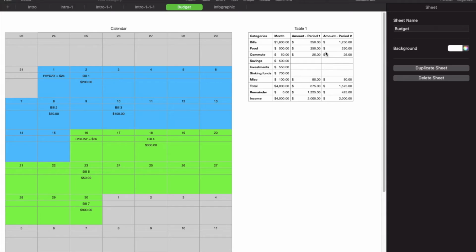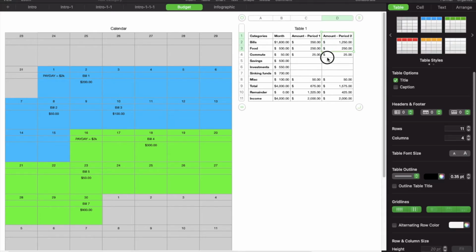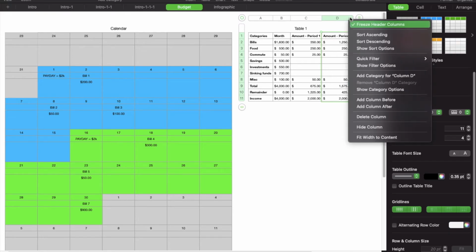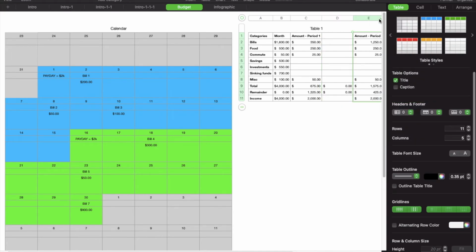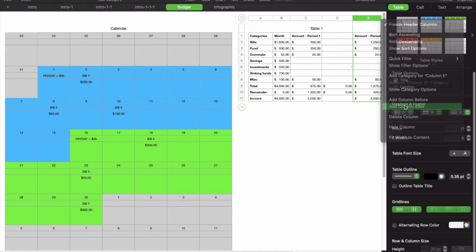So to figure out how to fund these variable cost categories, we need to create 2 more columns, and we're going to label these columns percent, and I will explain why momentarily.